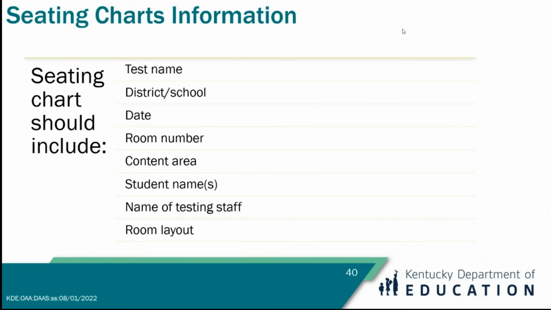Some indicate where the students are absent from a seat on the chart. Using the same seating chart for more than one test session is acceptable, especially if you are testing more than one section on the same day with the same students. If you have questions about a seating chart you or your school have created, check with your district assessment coordinator.